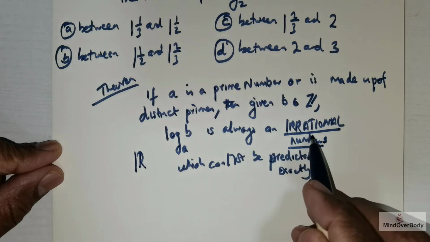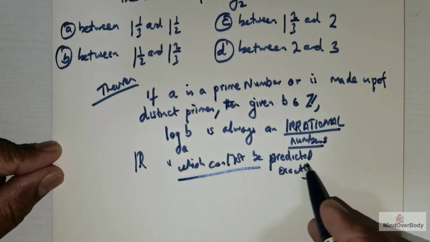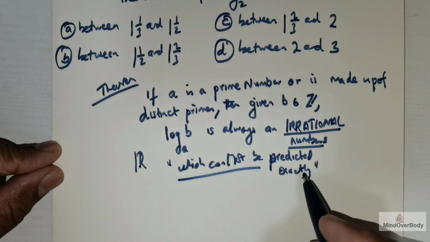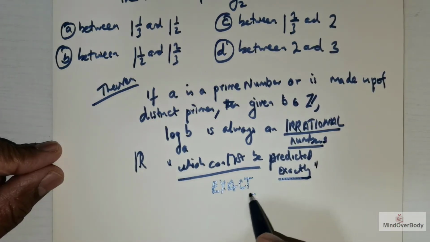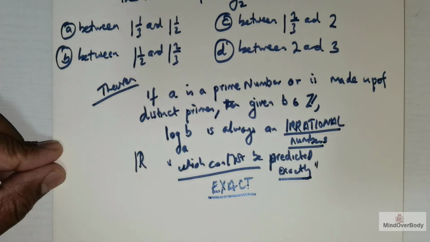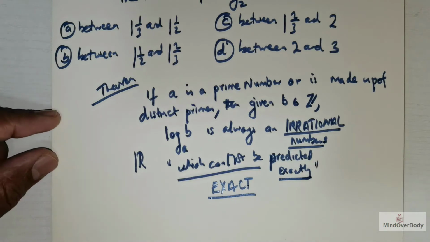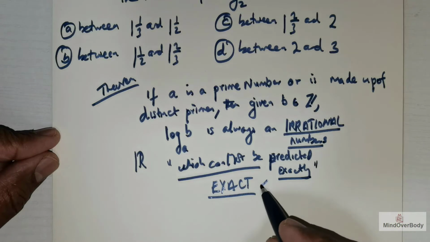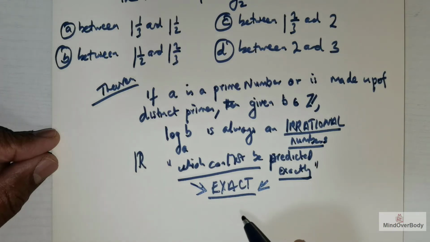And when dealing with irrational numbers, the most important feature is that they cannot be predicted with the word exact. So that is totally missing. So what exactly does it mean? Because they don't terminate, we cannot outrightly boil a value for them. We cannot simply say that this is the value.